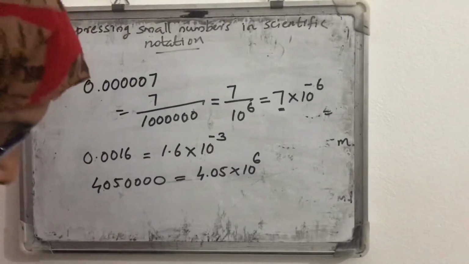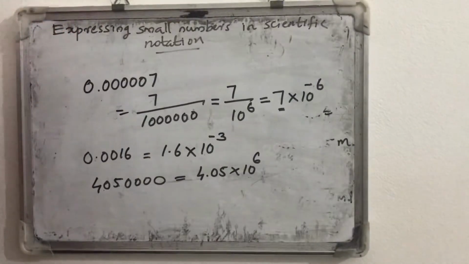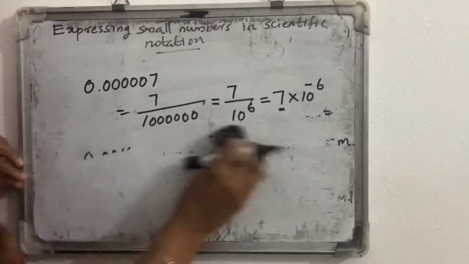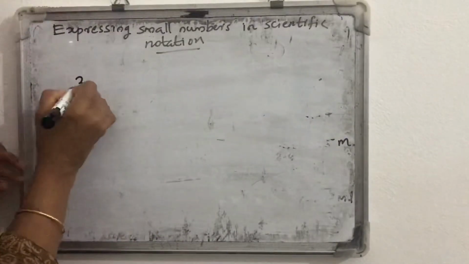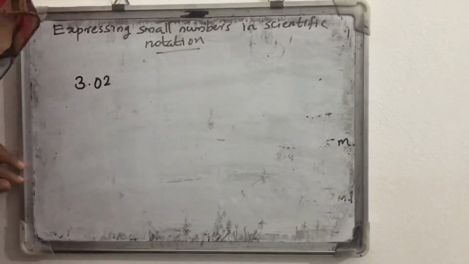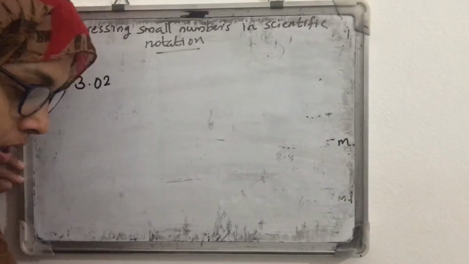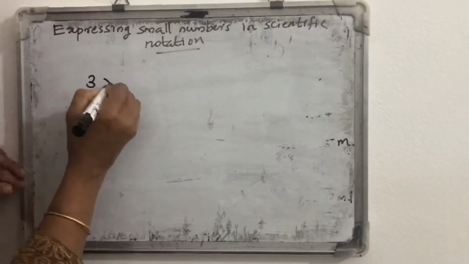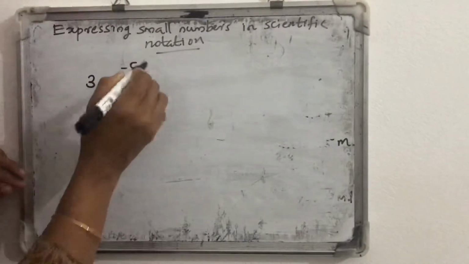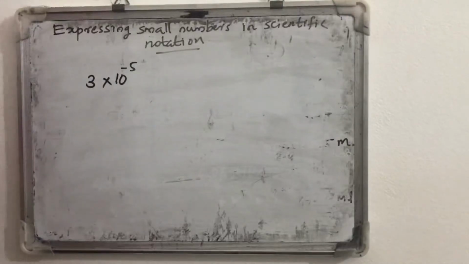For example, here we can take one example. Express the following numbers in usual form, normal form or usual form. How can we write 3 into 10 raised to minus 5 in usual form?